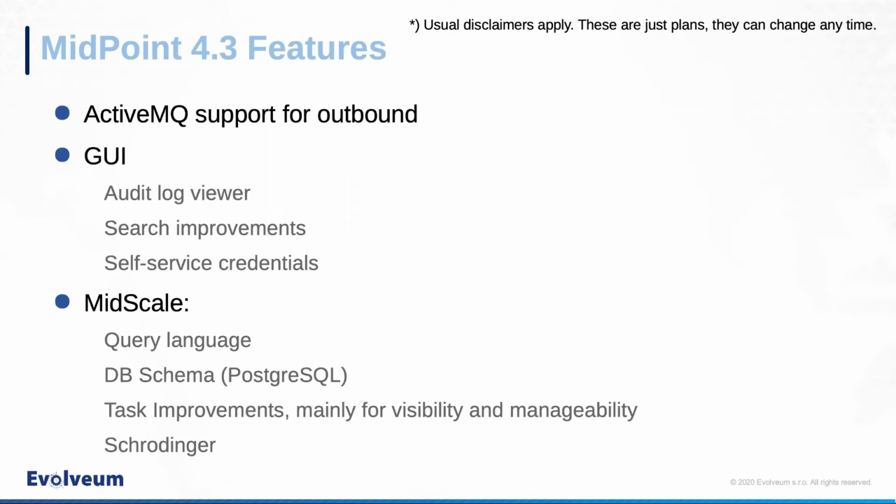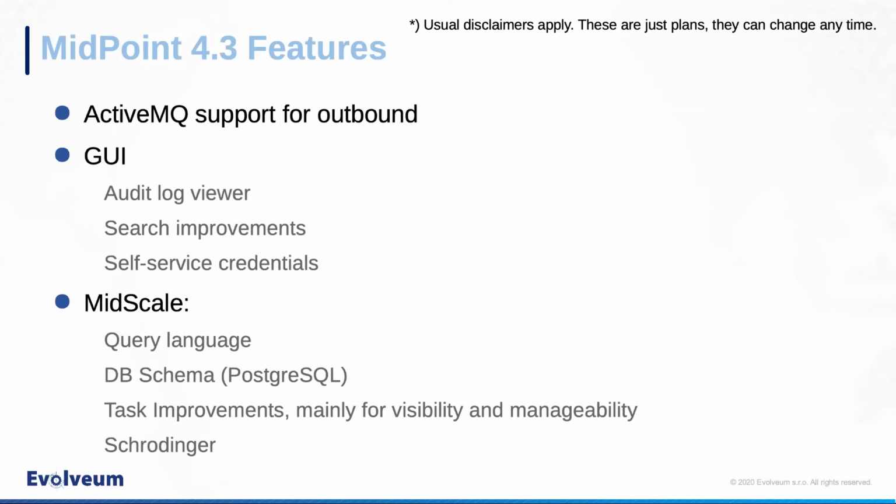We also expect some GUI improvements. Mainly, we will focus on improving the audit log viewer. These improvements are regarding the unification of this part of the graphical user interface with others, so the same components you may be familiar with will be used.